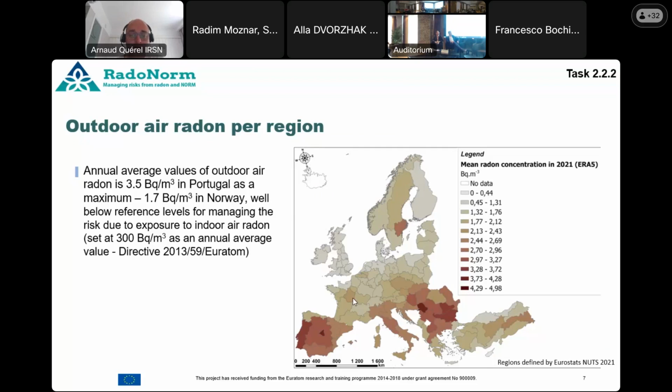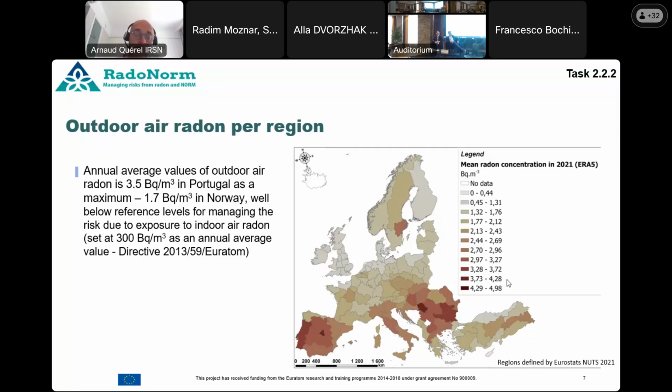And so you can see here we have very strong discrepancies between each region, with some regions achieving a value close to 5 becquerel per cubic meter in mean for the whole year 2021.